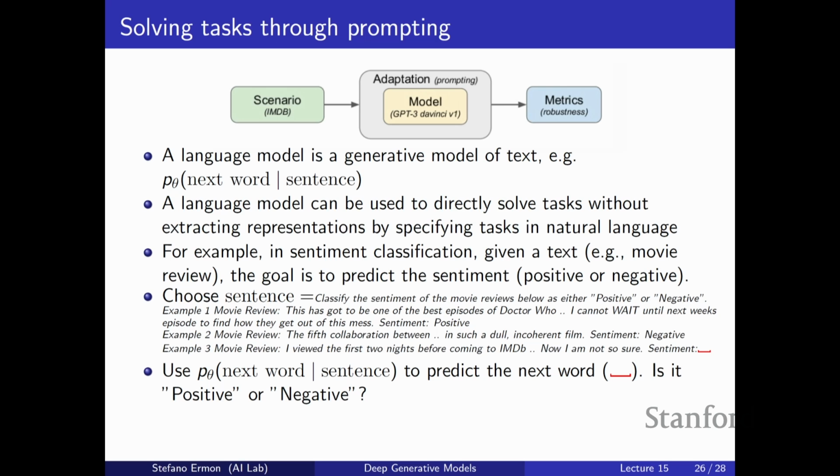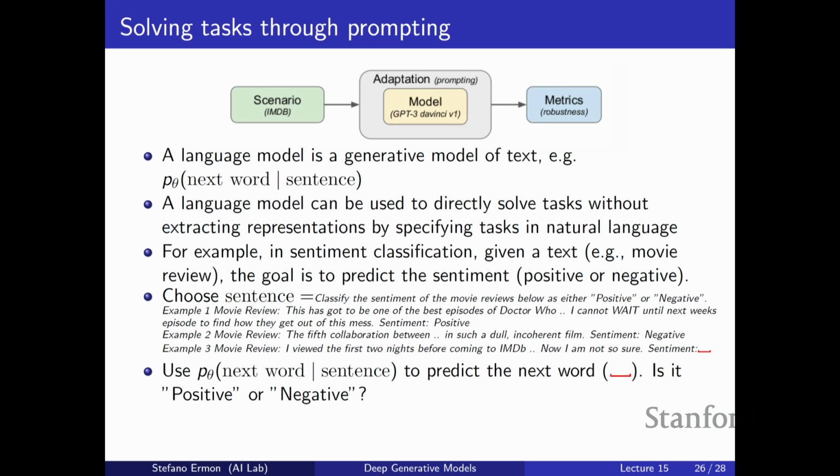And so what you can do is construct a sentence like: classify the sentiment of the movies below as either positive or negative. Then you give it an example of a movie review, which is positive maybe, this has got to be one of the best episodes, blah, blah, blah, with a positive sentiment, and then you give it another example, maybe with negative sentiment, and then you have this review that you'd like to classify, and you fit in the text of the review, and then you have sentiment, and then blank.